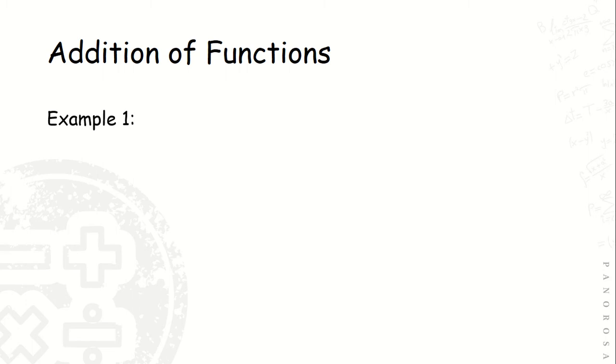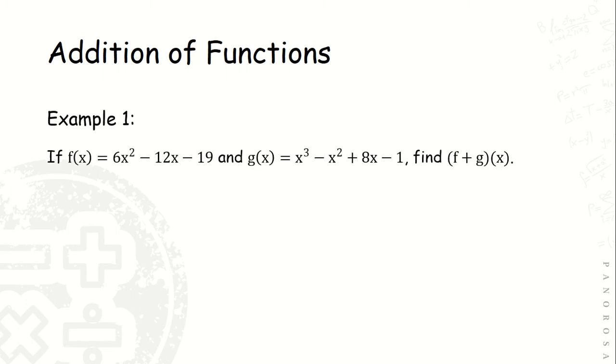Example 1. If f of x equals 6x squared minus 12x minus 19 and g of x is equal to x cubed minus x squared plus 8x minus 1, find for the f plus g of x.